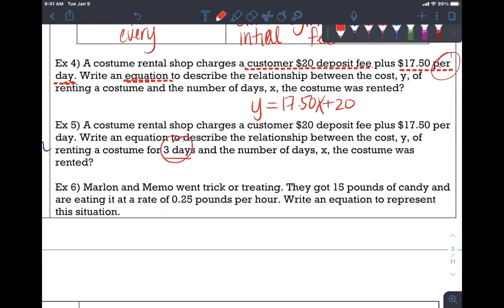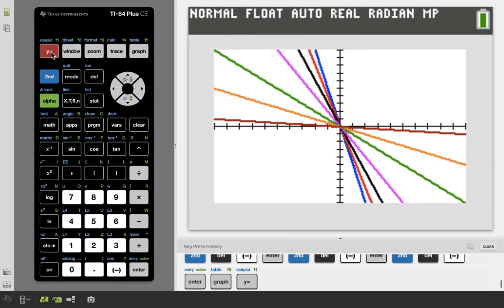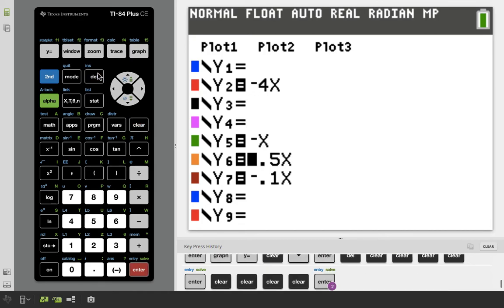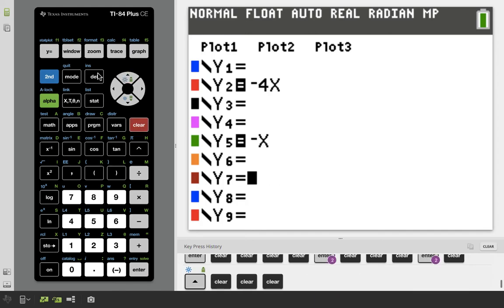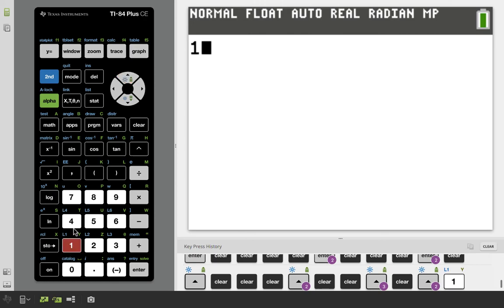So if I was to plug in 3 days, right, I could go ahead and work out the math. The other way for me to do it would be for me to go ahead and just plug in my equation and take a look at what the table shows. So I'm going to plug that in.